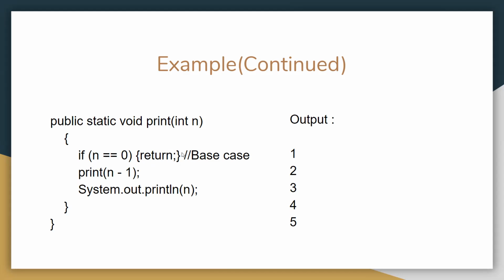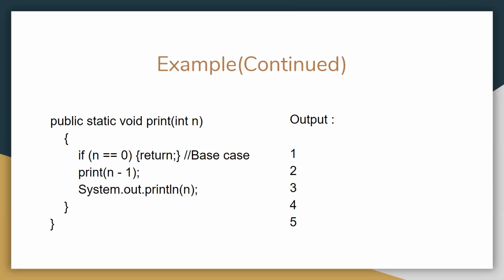So this is what we call a base case, and base cases are what we use as a stopping point, because you can see here that we have a print n-1. This is a method call like you probably know.